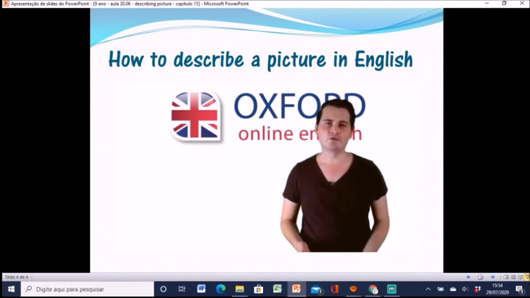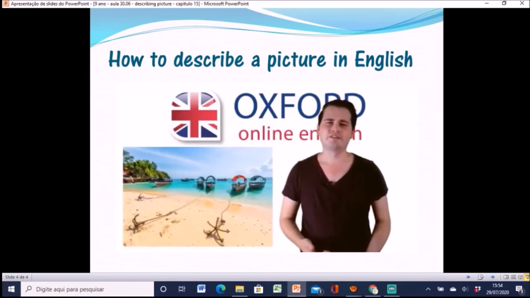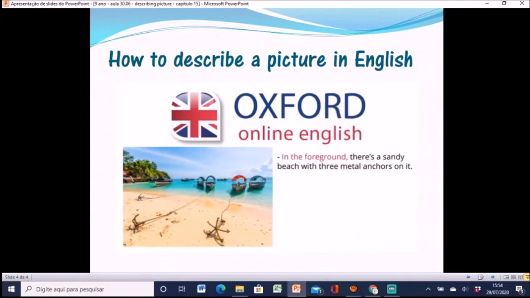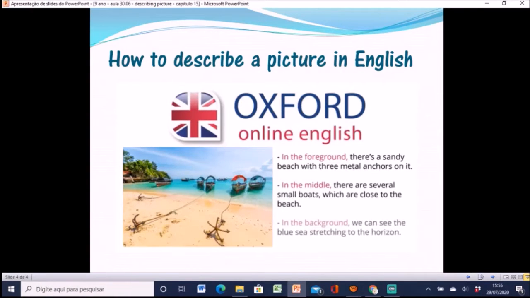When talking about photos, you might also need the phrases in the background, in the foreground. For example, in the foreground, there's a sandy beach with 3 metal anchors on it. In the middle, there are several small boats, which are close to the beach. In the background, we can see the blue sea stretching to the horizon.